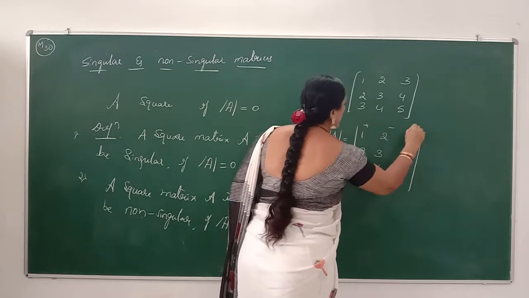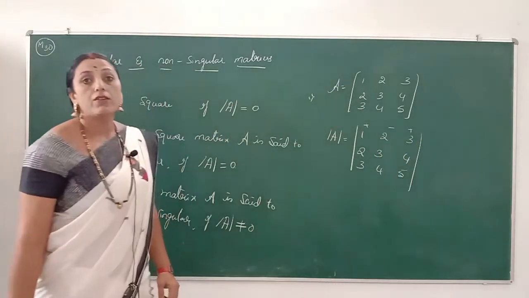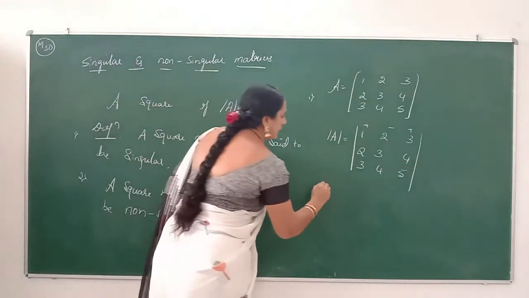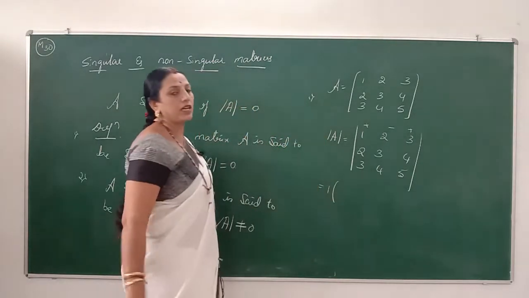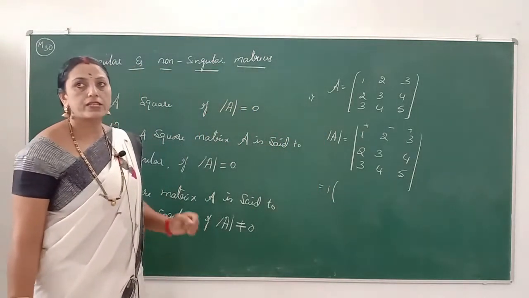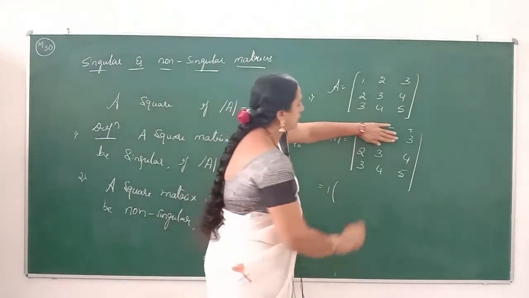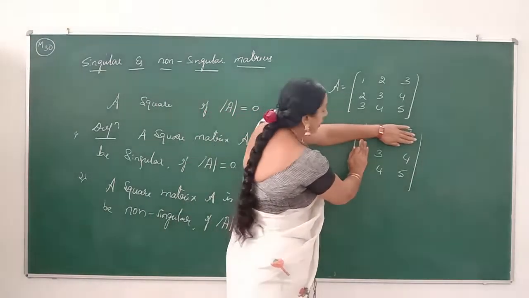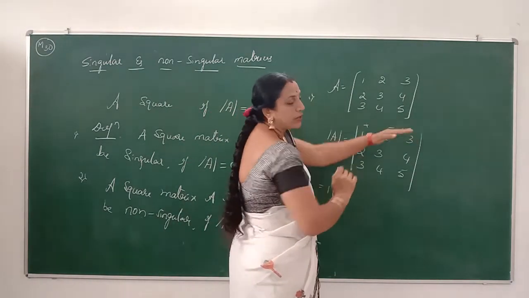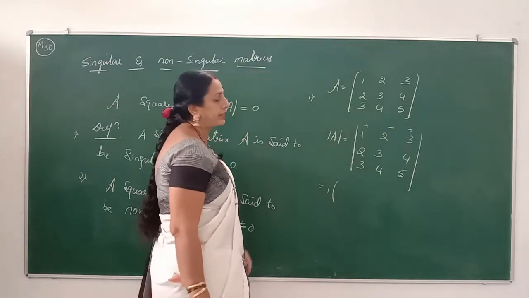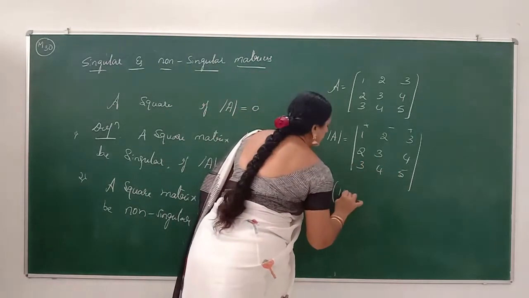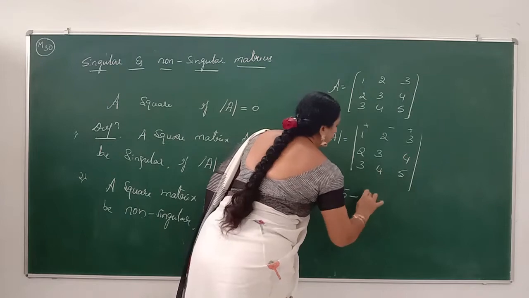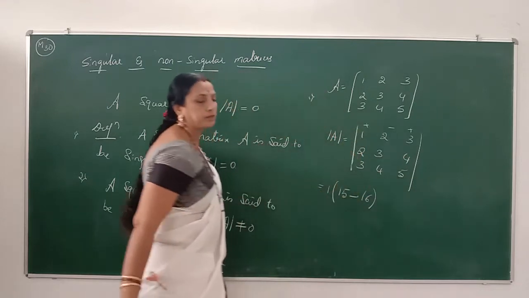By using the alternating signs along the first row, the first element is 1. 1 is an element of first row, first column, so that row and column are neglected and the remaining elements are cross multiplied using the 2 by 2 determinant: 3 into 5 is 15 minus 4 into 4 is 16.